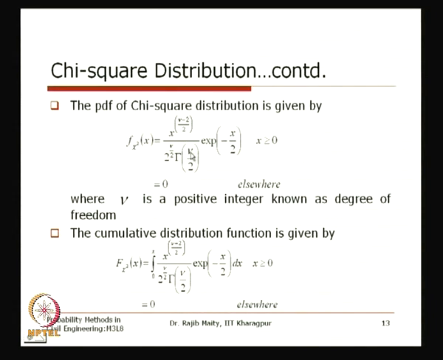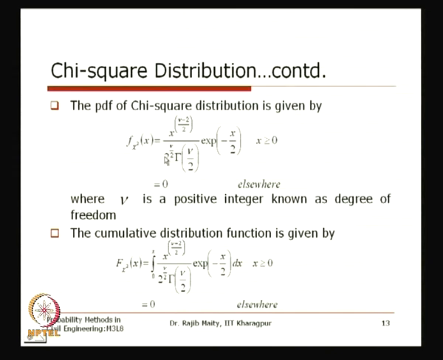Here nu is the parameter known as the degrees of freedom. It is a positive integer, and this distribution is again lower bounded by 0; for negative values it is 0.